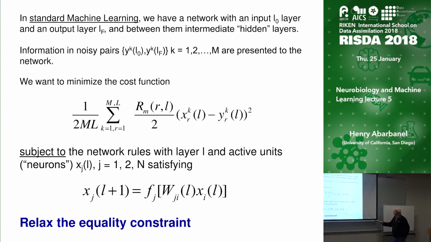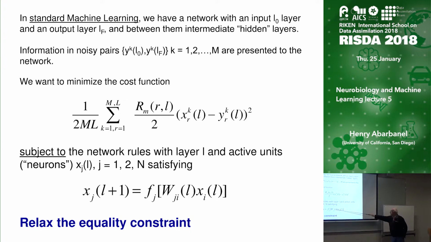And there's a rule that tells you how to take the activity at some layer, operate with it by a nonlinear function, which is more or less up to you, but is chosen typically to be more or less sigmoid, because the people who initiated this thought that's what neurons did, added up things.